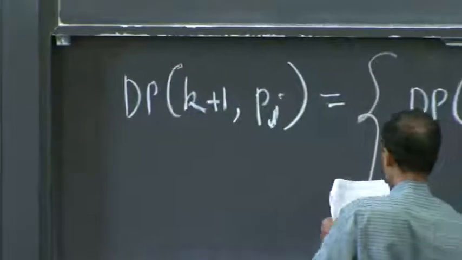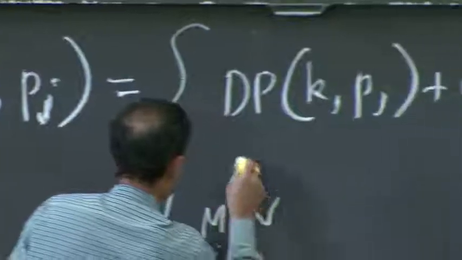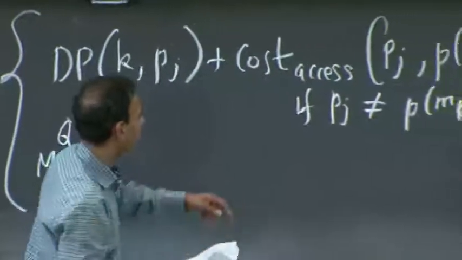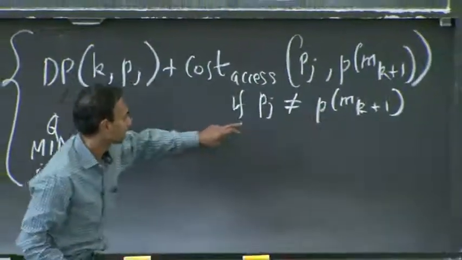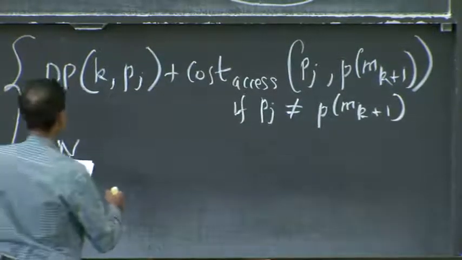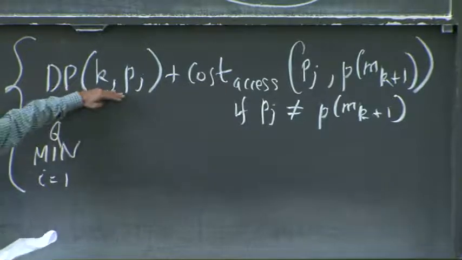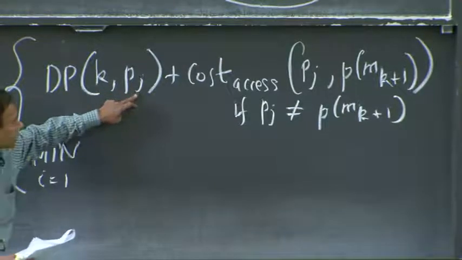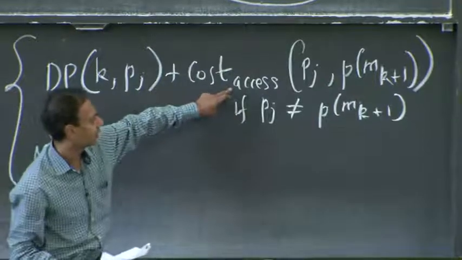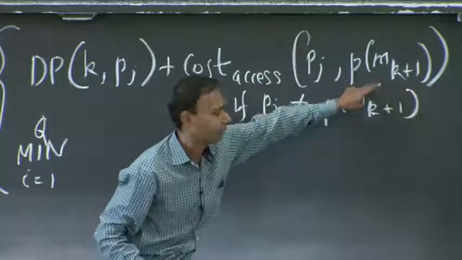Right? So there's going to be two cases. I'll just write this out and I'll explain it. The first case corresponds to if the new memory access is not in the processor cache corresponding to Pj, then what you could do is use the optimum value where you end at Pj and simply do a remote access that corresponds to accessing M[k+1].